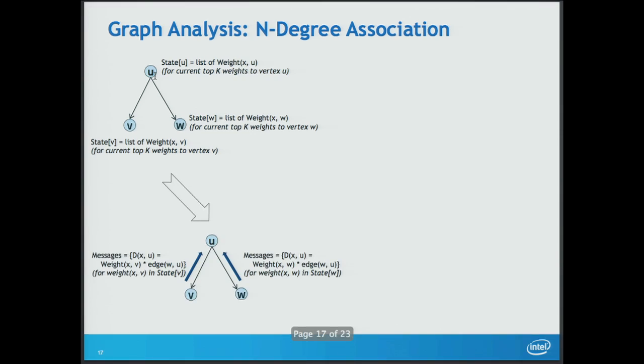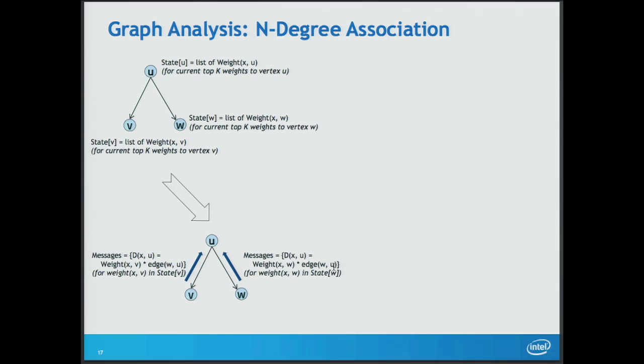And then for each iteration, what it does is compute the new weight to its neighbor. On node w, it stores all the weights from x to w and multiplies that by the weight from w to u. It actually computes the n+1 association from x to u and sends it over to node u.